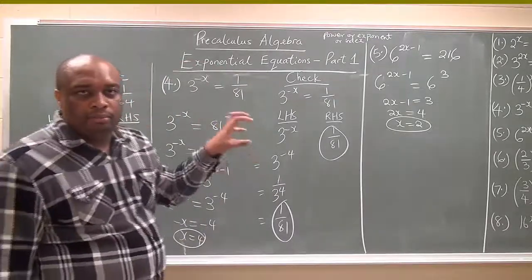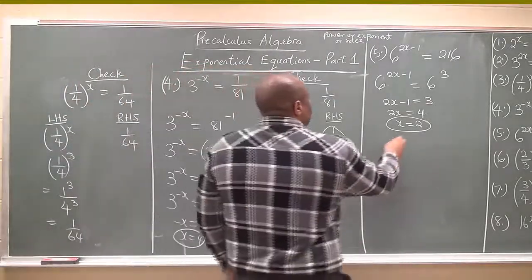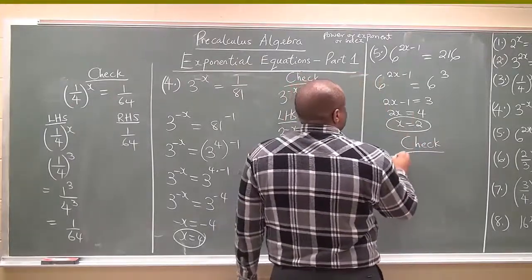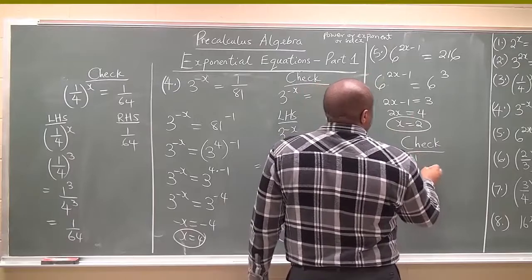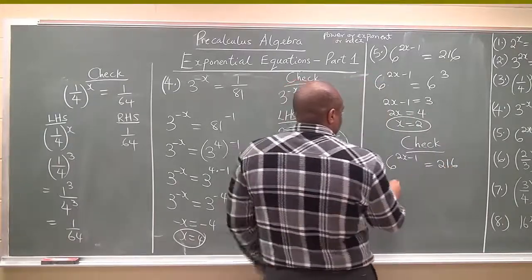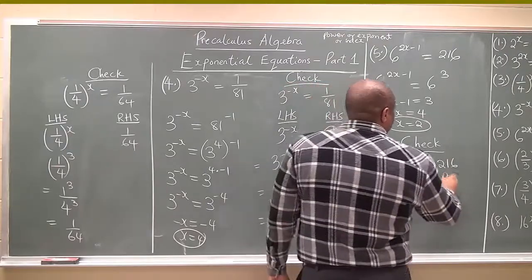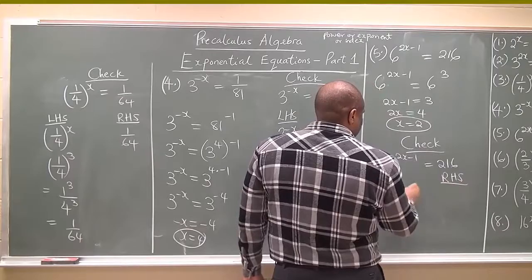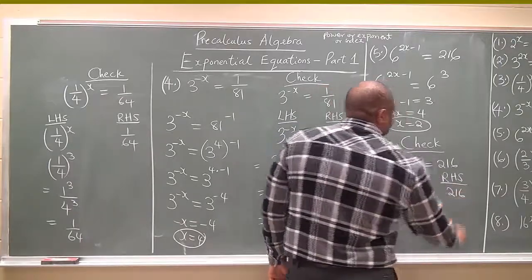Do we stop here? No, we check. So we now check. We write the main problem, 6^(2x-1) equal to 216. Left-hand side, right-hand side. Left-hand side is 6^(2x-1). Right hand side is 216.